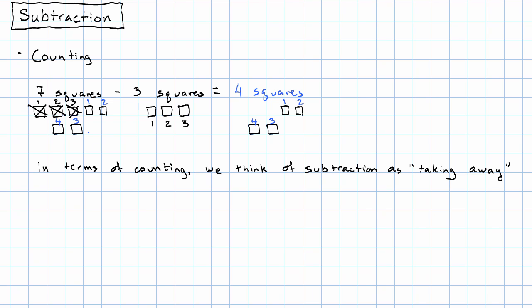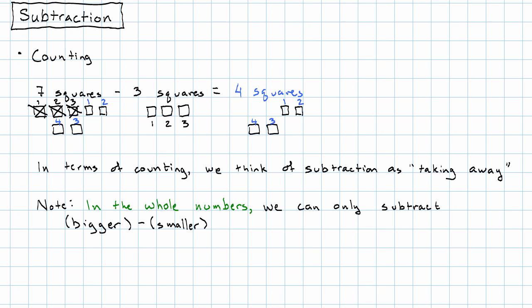That's what the subtraction gives us. Notice, in the whole numbers, without coming up with some new numbers, we can only subtract bigger minus smaller. Soon, we'll have some more complicated numbers available to us, and then that's going to change.